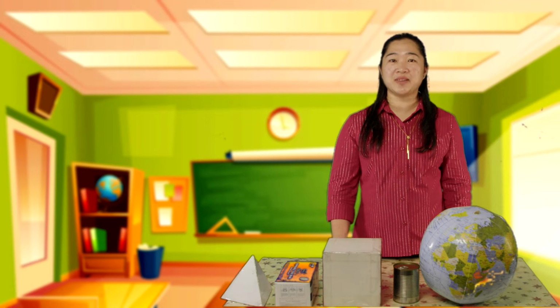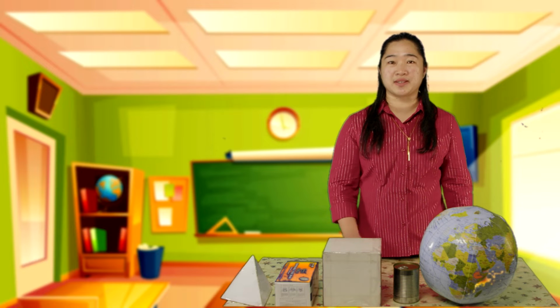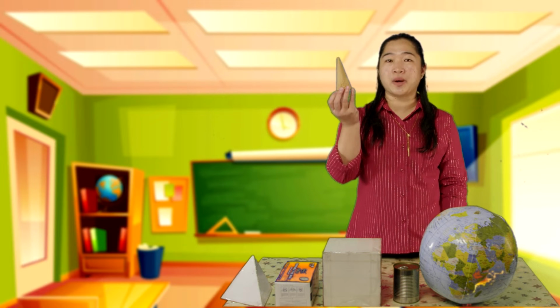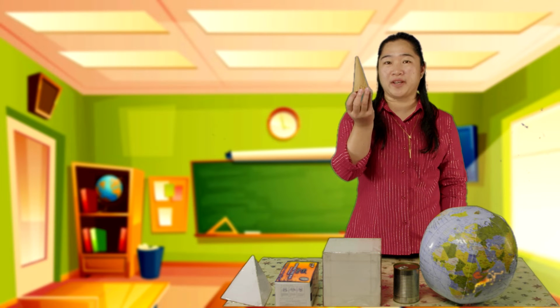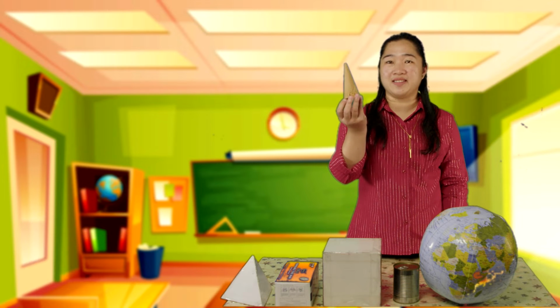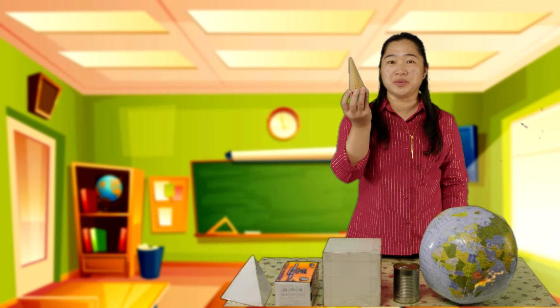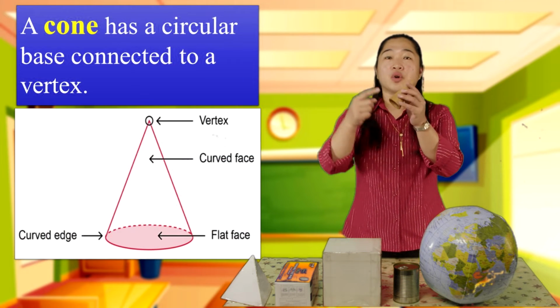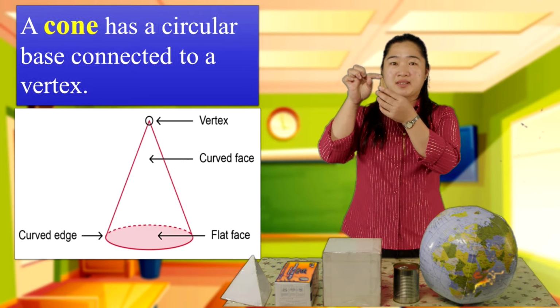Now, let's name the types of solid figures. What solid figure is represented by this object? Excellent! This is a cone. A cone has a circular base connected to a vertex.